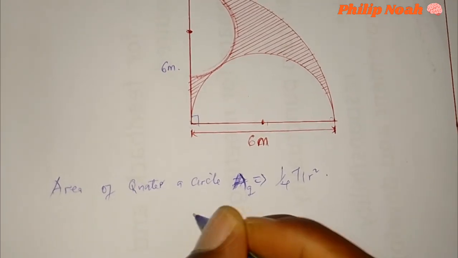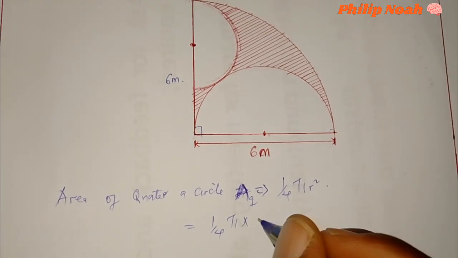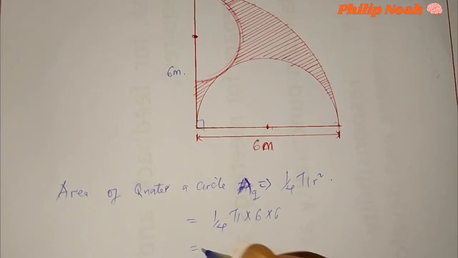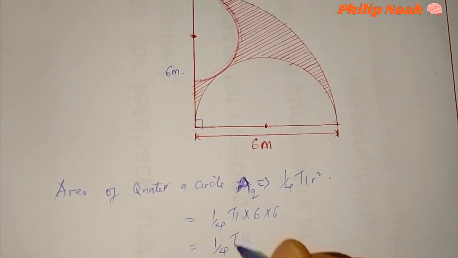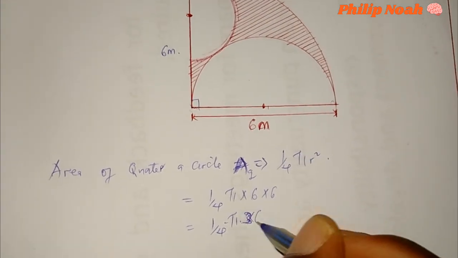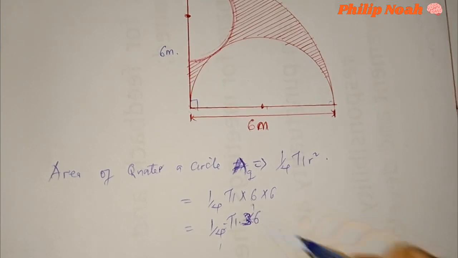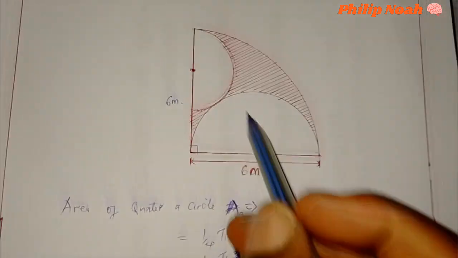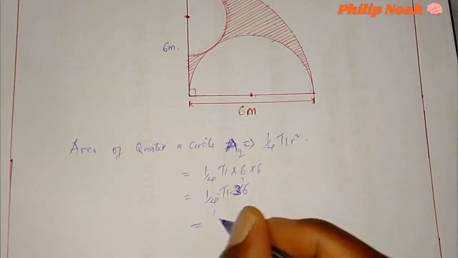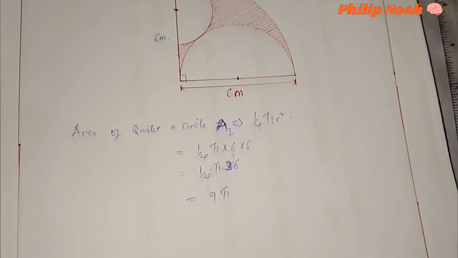So the area will be a quarter pi times the radius 6 squared, so 6 times 6. We get a quarter pi times 36. This one, 4 here, 9. We get our area of a quarter circle, this figure here, as 9 pi. Are you there?